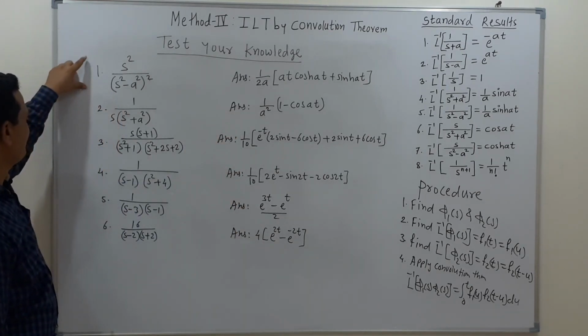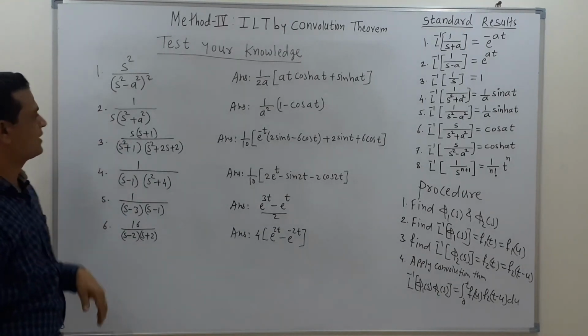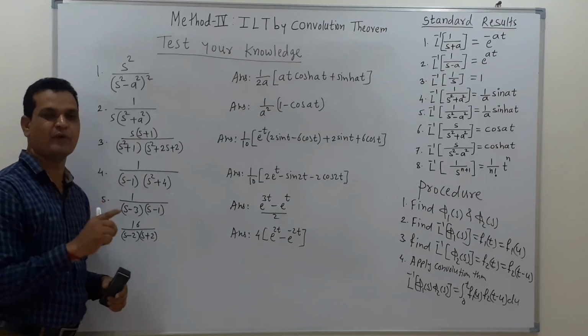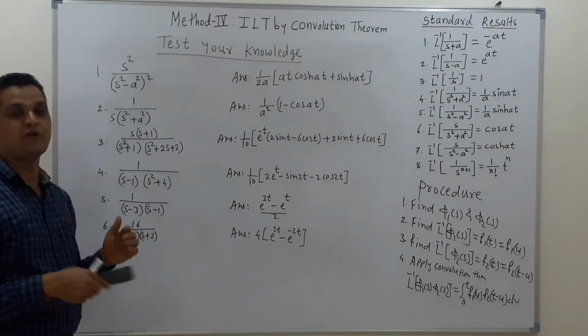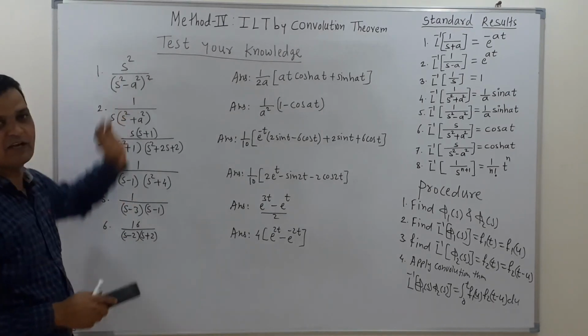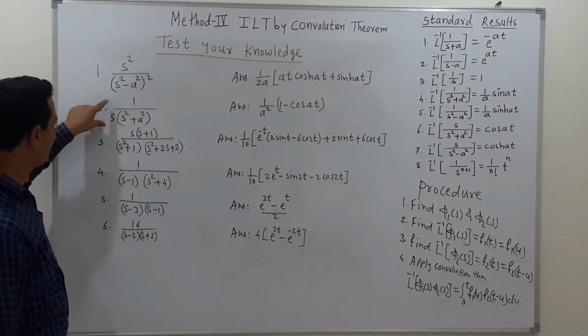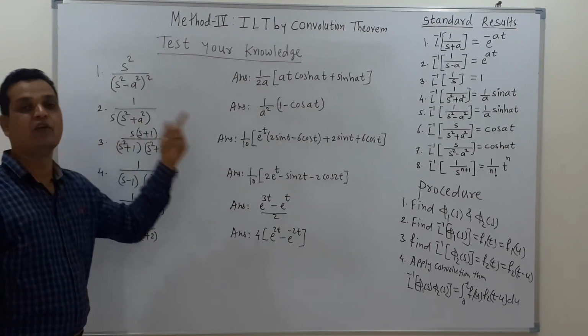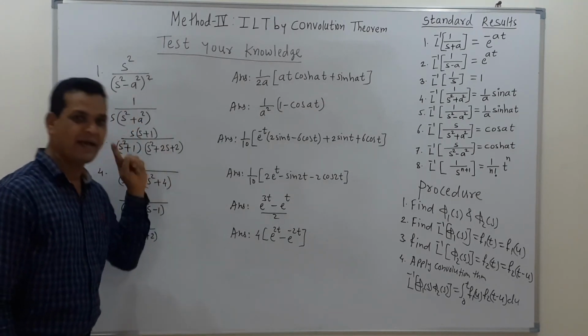So first example, s square upon s square minus a square h square. So we can write phi 1 as s upon s square minus a square, and phi 2 as s upon s square minus a square. We can easily find the value of phi 1 and phi 2. So here take the value of phi 1 as s square minus a square, and value of phi 2 is 1 upon s.